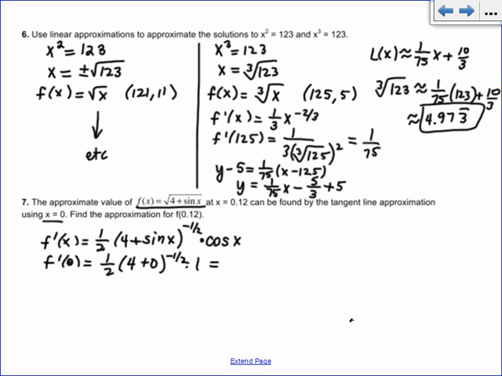Can you guys do 4 to the negative 1/2 in your head? 1/2. Yeah, it's 1 over the square root of 4, which is 1/2 exactly. So we have 1/2, and then times another 1/2, which gives us 1/4. So that's our slope.